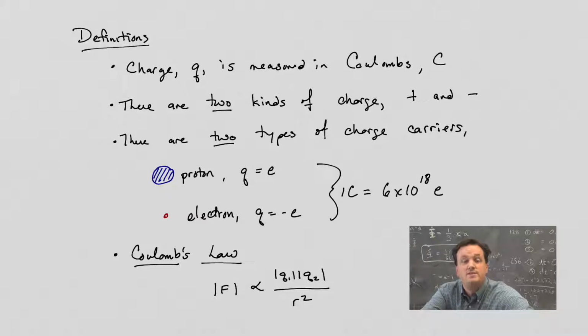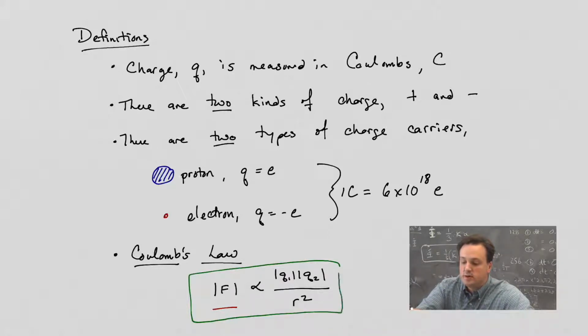And when I put all of this together, I can now write down a mathematical expression that helps to reflect what I've seen in my phenomena. And that is that the magnitude of the force is proportional to the product of the two charges divided by the distance between them squared. This relationship here is what's known as Coulomb's law.